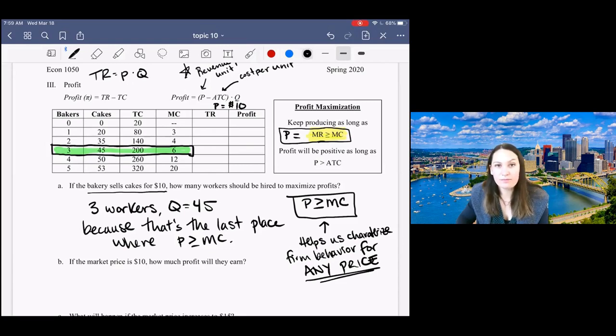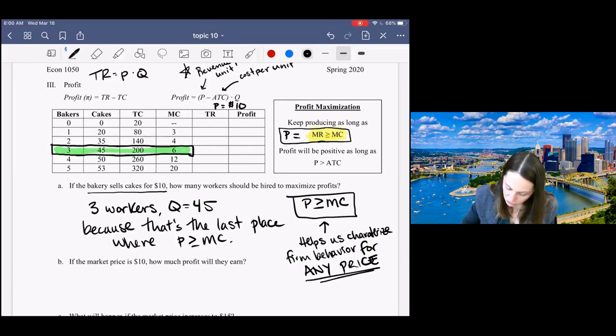You could do that. And that would tell you, for a price of $10, what point would maximize profits. But by calculating marginal cost instead, this allows me to see how much the firm would produce for any price without any additional calculations. We are going to do those additional calculations for a price of $10 because I want to show you that this decision rule does get us to the point with the highest profits.